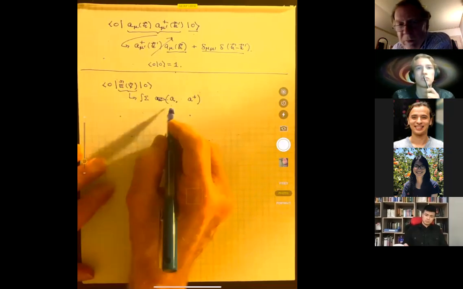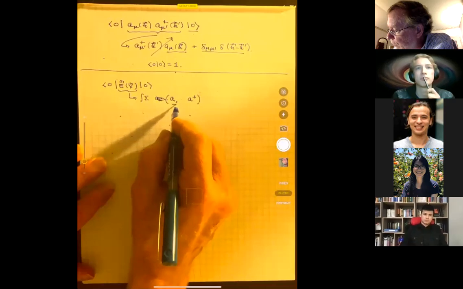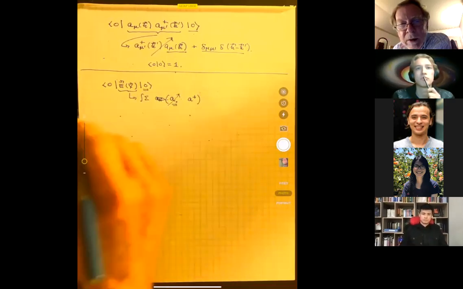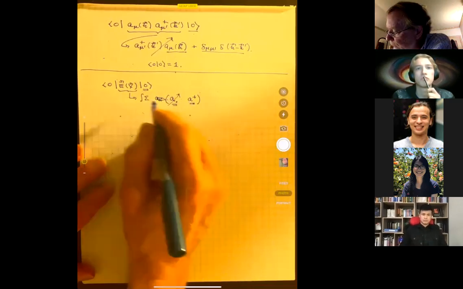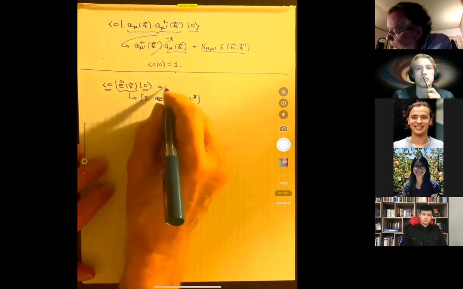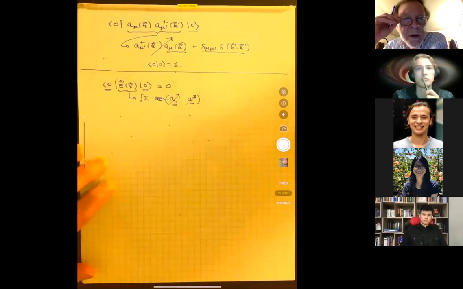The first term has an annihilation operator, which is adjacent to the vacuum ket, and so that goes out. The creation operator in the second term is adjacent to the vacuum bra, and so that goes out as well. And so it's fairly easy to see that the average value of the electric field measured in the vacuum is equal to 0.